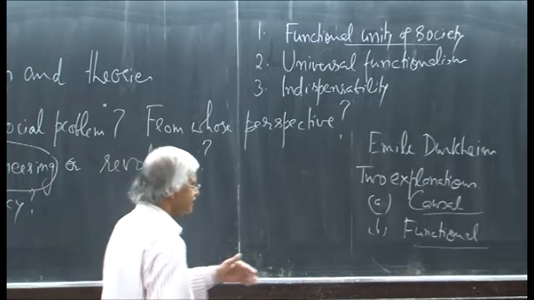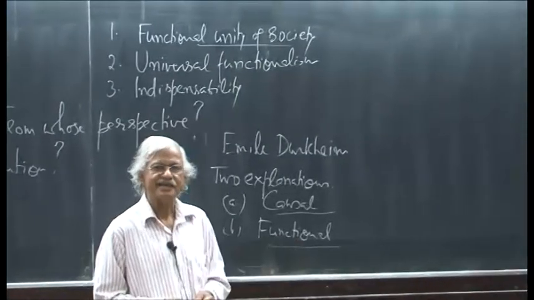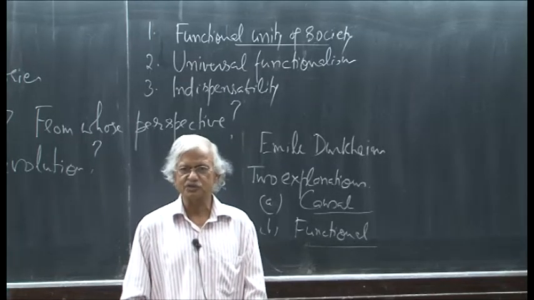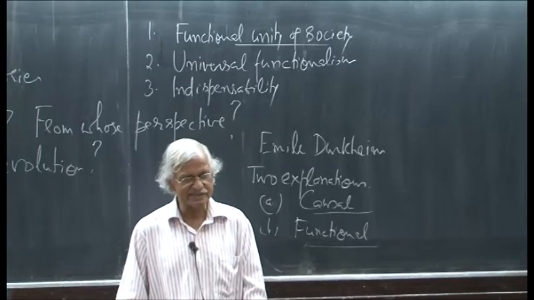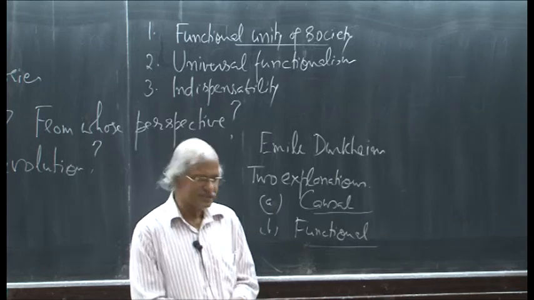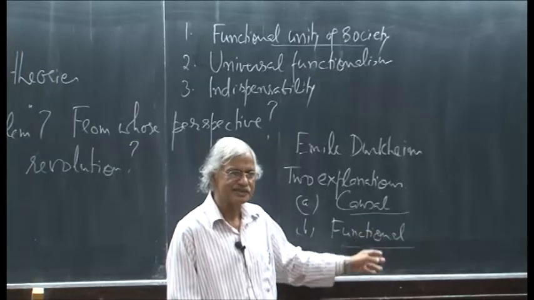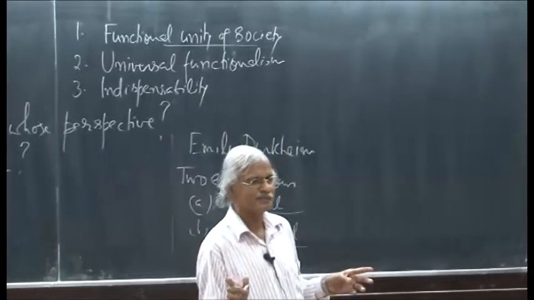Functional explanation is another type of explanation, and this explanation explains a social fact or institution or a practice in terms of its usefulness, its function, its usefulness for the larger society.